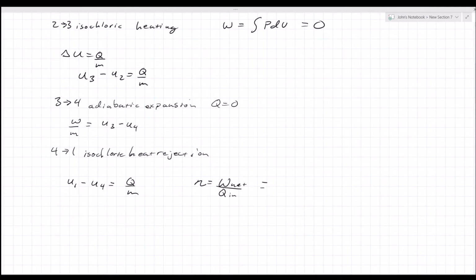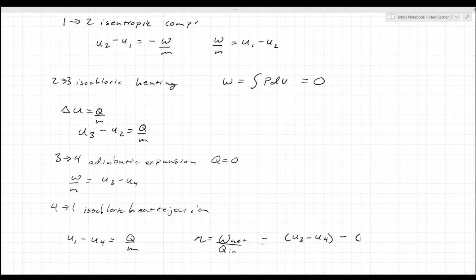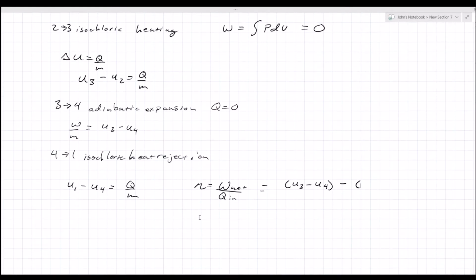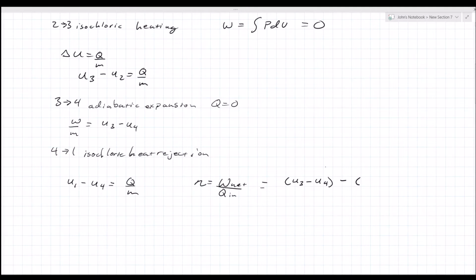So it's going to be U3 minus U4, which is the work you get out during the adiabatic expansion, minus the work you put in through compression, which was U1 minus U2, all over the heat you put in during the first isochoric section, 2 to 3. So Q23, which is going to be U3 minus U2.